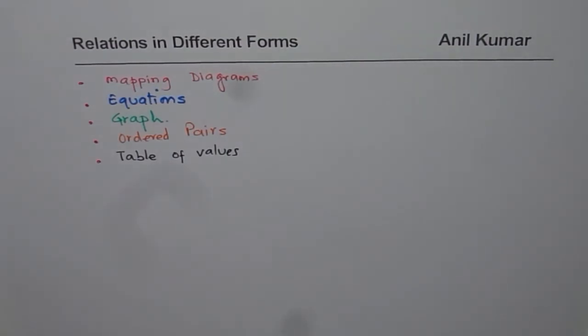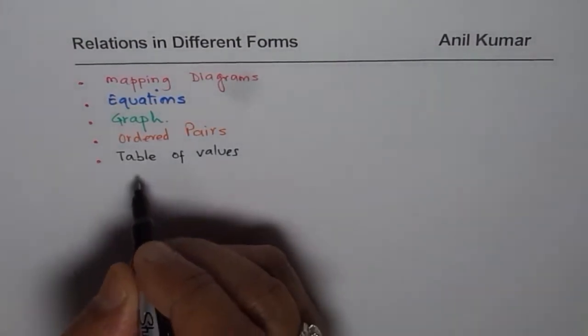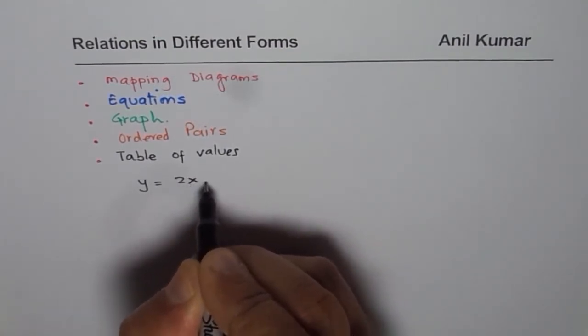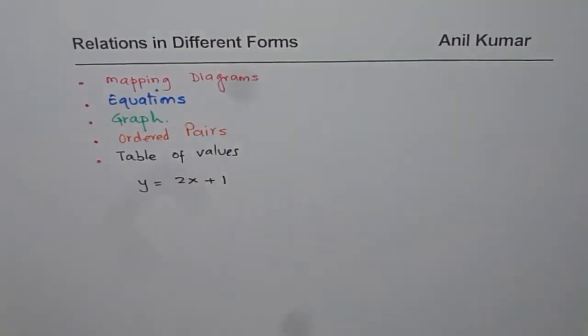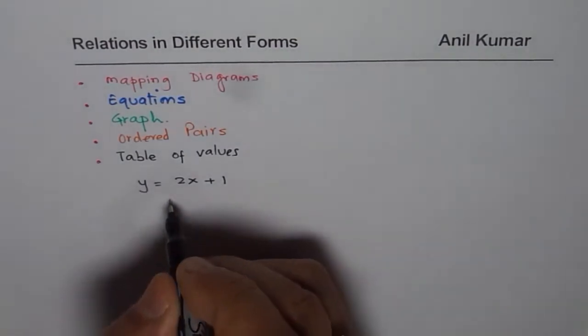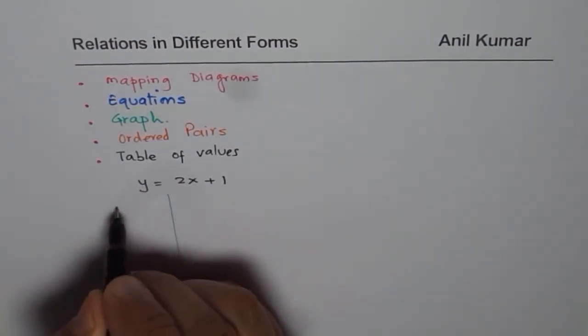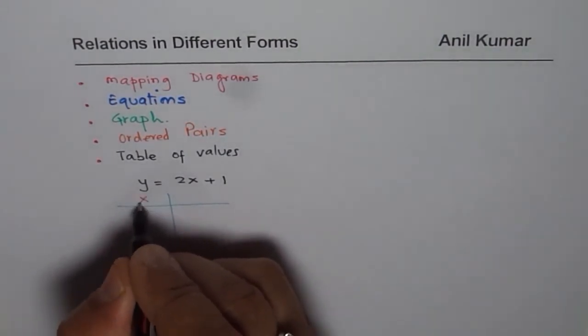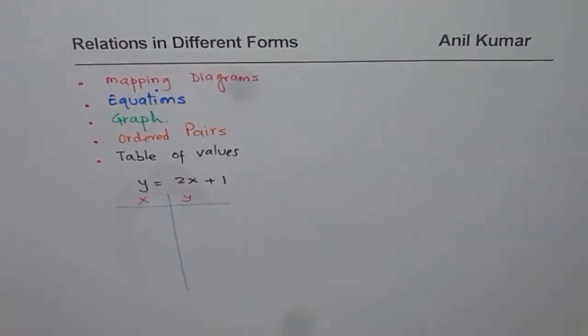Let's take an example. For example, if I have, let's say, y equals 2x plus 1. So this is an equation. Now this equation could be represented as a table of values. So in that case, what you can do is write down different values of x and calculate y.